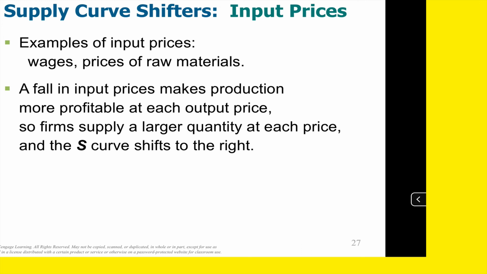A decrease in input prices. If there is a peanut boom in the South and a sugar boom at the same time, those input prices have dramatically decreased, making it less expensive to produce peanut M&Ms. What is M&M Mars going to do? Make more. No, you silly consumer boy.